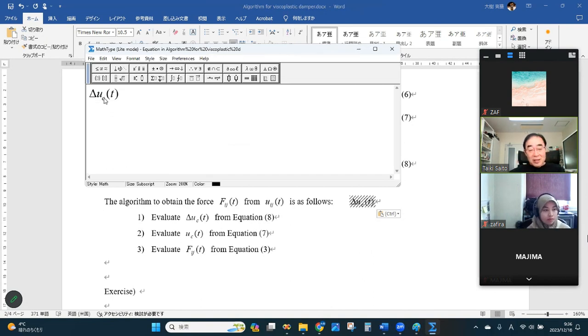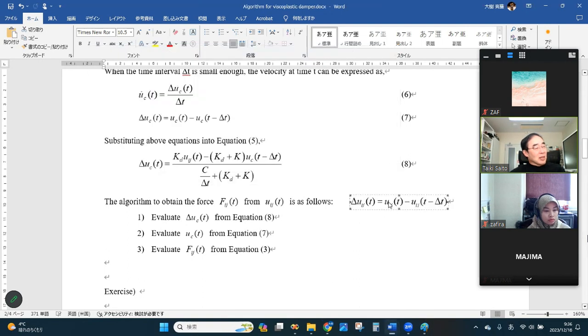Delta Uij is Uij minus previous step Uij. So you already know the increment of viscoelastic damper.